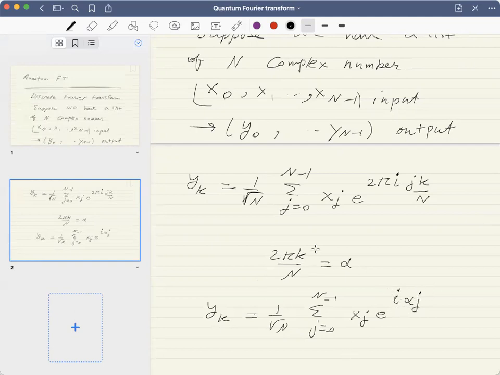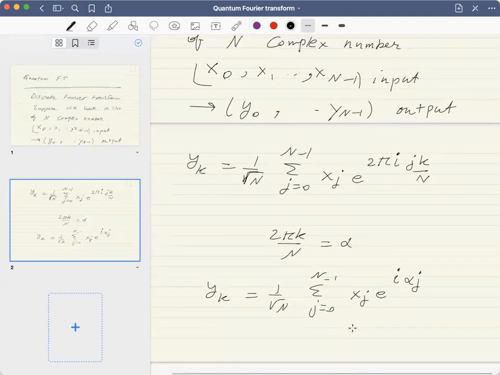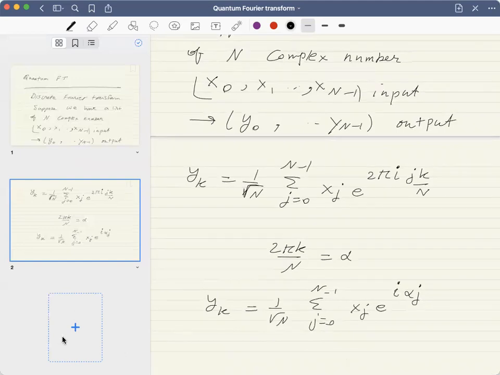So alpha is something proportional to k, and then we have the exponential of alpha times j. So this is kind of a discrete version of maybe the Fourier integral transformations that you might have seen.